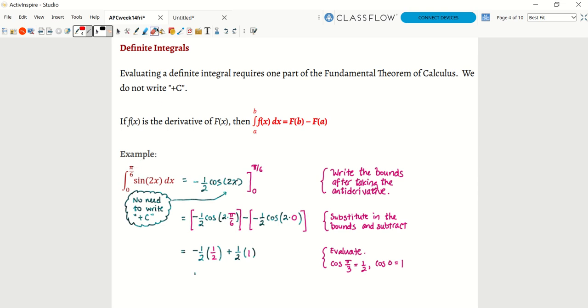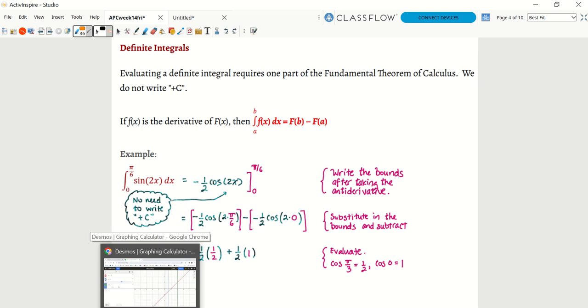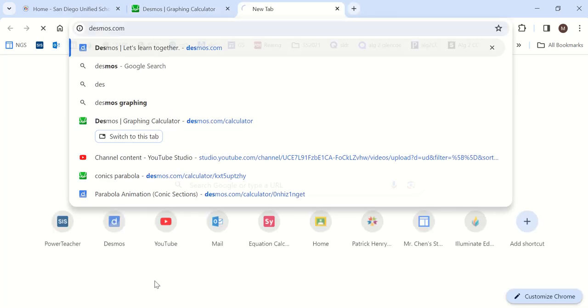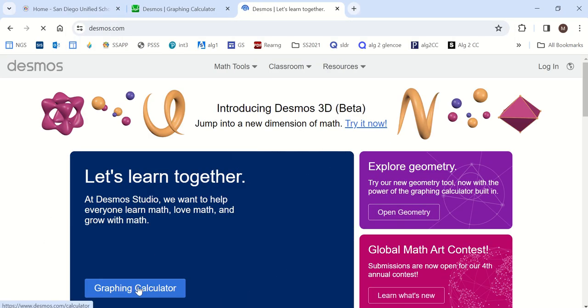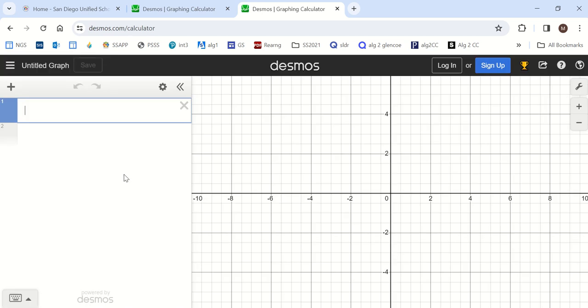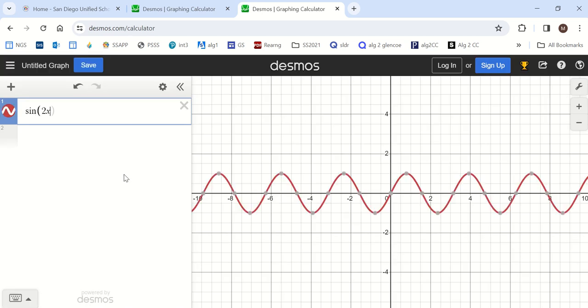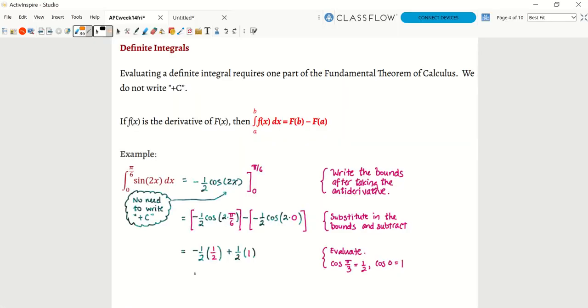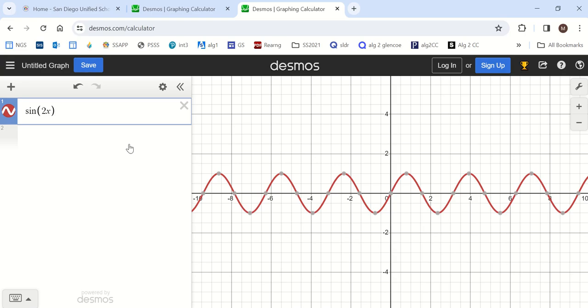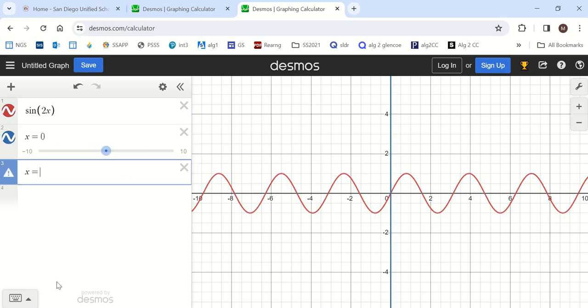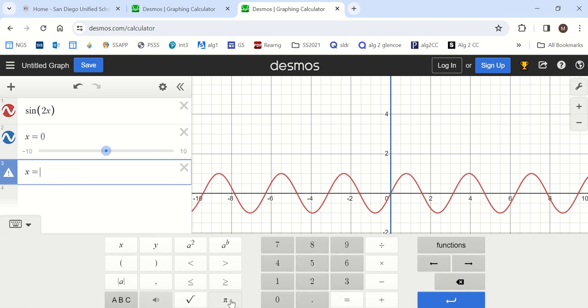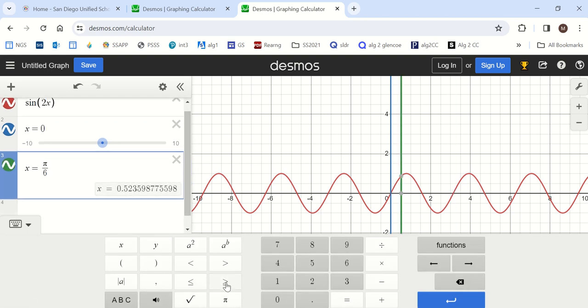Okay, so what you do is simply this. Again, this is asking for, if I pop this into Desmos over here and do sine of 2x and then I go from 0 to pi over 6, okay? x equals 0, x equals pi over 6.